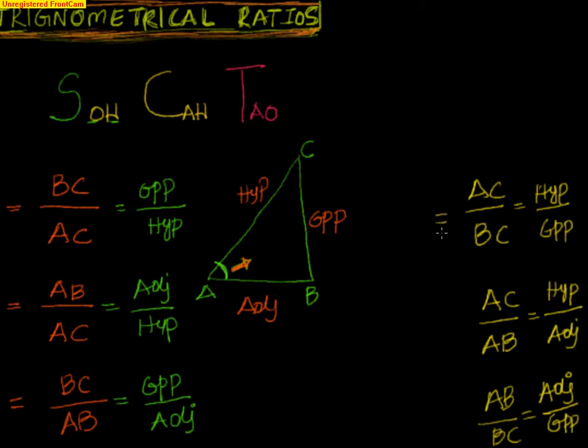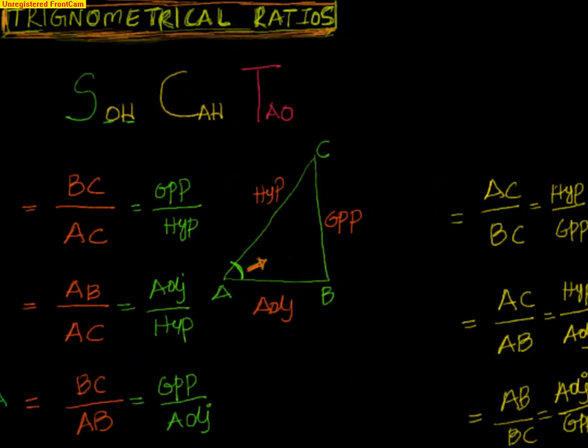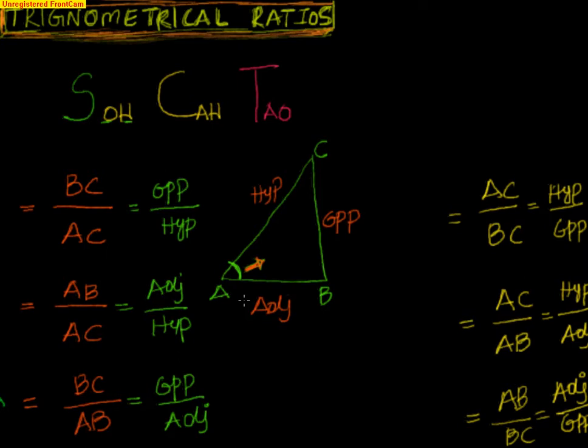Now I will give you the names of these trigonometrical ratios. Remember that if you know the 3 by name, sine, cos, tan, if you reverse them, you will get these. What are they? For sine, it is cosecant.